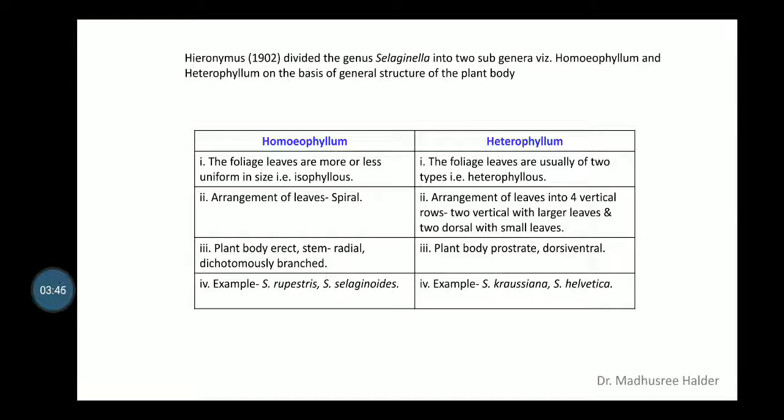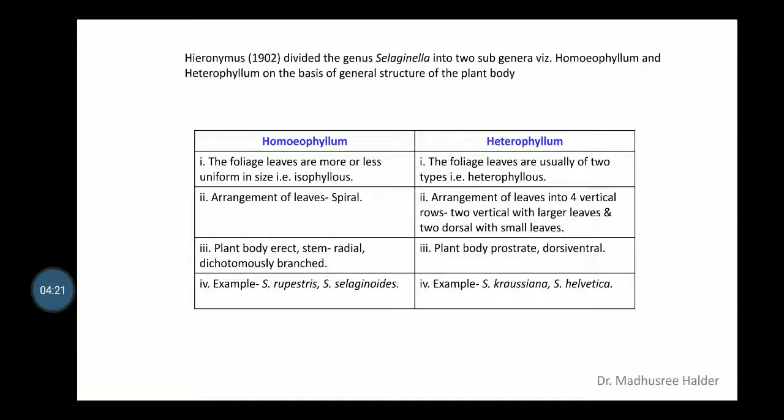That's why they are called heterophyllous. In Homophylum, the arrangement of leaves is spiral, and in Heterophylum, the leaves are arranged in four rows, two ventral rows with large leaves and two dorsal rows with small leaves.